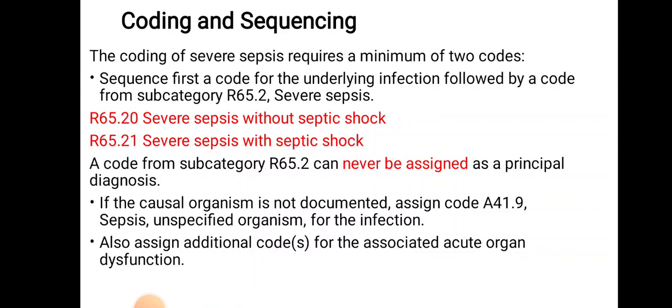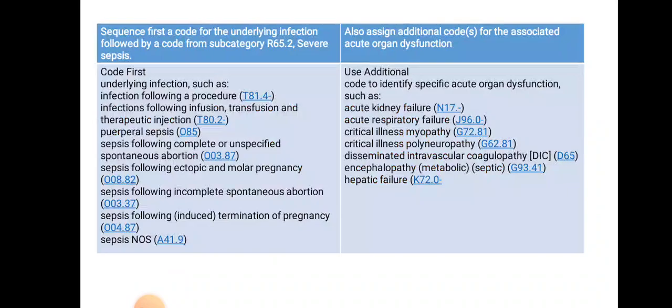Also assign an additional code for the associated acute organ dysfunction. Because severe sepsis occurs with acute organ dysfunction, if any acute organ dysfunction is present, you have to code the additional code as well for the severe sepsis. Now here you can see the codes you have to code initially and as the additional code.